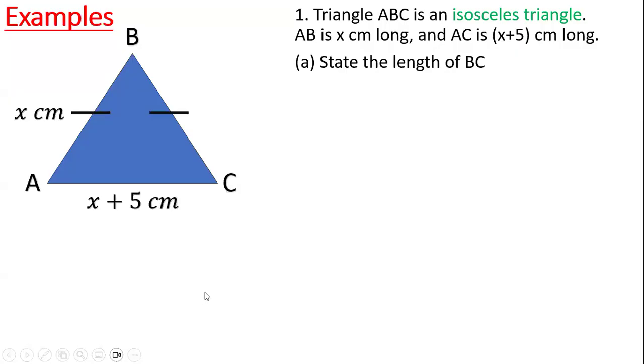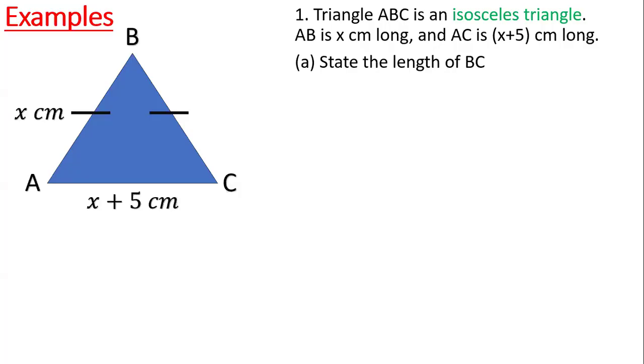Good. So go ahead, Christopher. Where's Christopher? Benjamin, where's Benjamin? Yes, sir. Go ahead and read this question for me, please. Triangle ABC is an isosceles triangle.